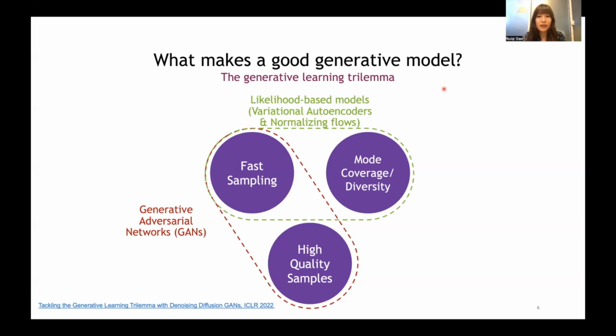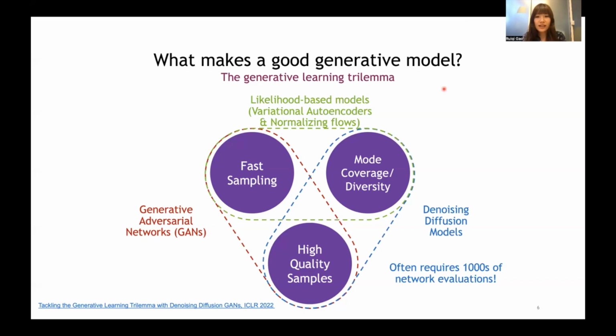So those models are usually optimized by maximizing likelihood or maximizing a variant of likelihood, for example, the evidence lower bound. So usually these type of models are good at fast sampling, and they are able to capture certain modes of the data distribution because of this maximum likelihood learning framework. However, usually they lead to subpar sample quality.